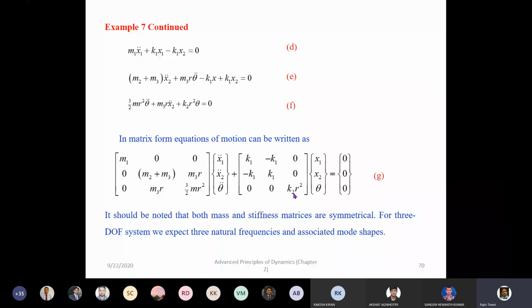So generally those continuous systems are approximated to some discrete number of degrees of freedom. As we progress in the subject, you'll understand that once the continuous system has infinite degrees of freedom, it will have infinite natural frequencies.